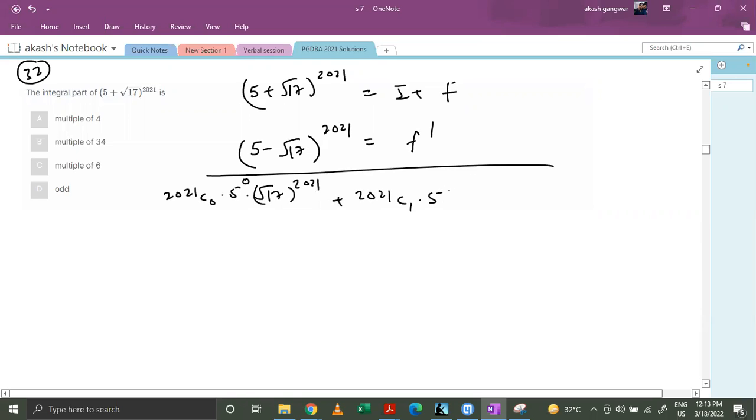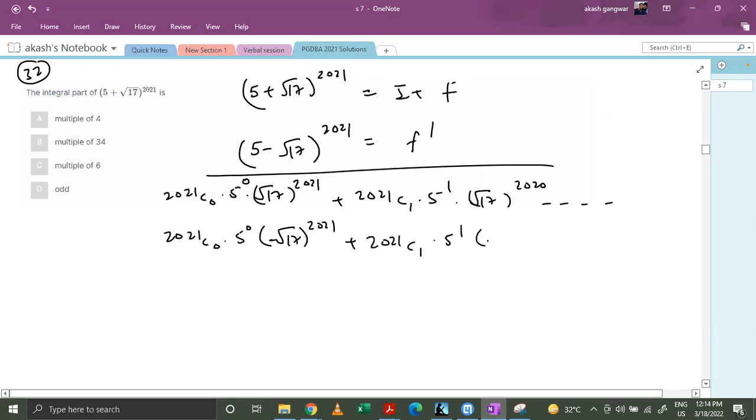This is 5 raised to power 0, 5 raised to power 1, root 17 raised to power 2020, and so on. For the second expression, we'll get 2021 C0 dot 5 raised to power 0, minus root 17 raised to 2021, and minus root 17 raised to 2020, and so on.